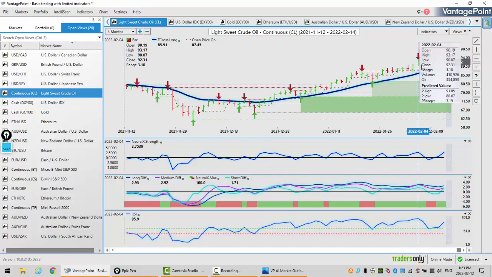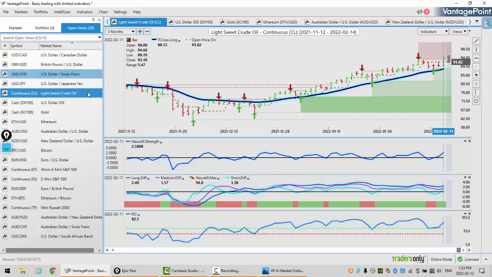But looking at this right now, we do have some significant verified resistance at 93.17. So again, if that conflict subsides, then oil prices will back off with it. But again, if we're looking at what the analysis is to start the week, the neural index, the neural index strength, they're all pointing higher here with a main support level down at the T-cross long at 88.13.